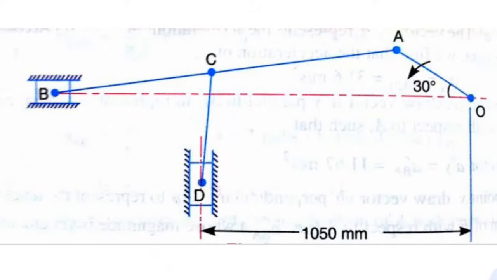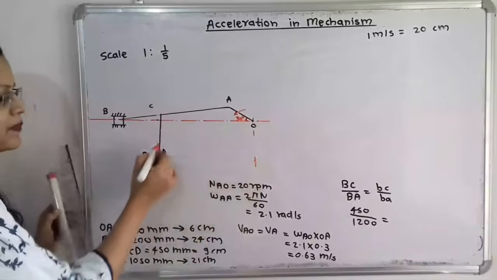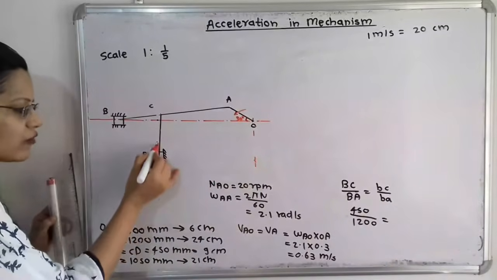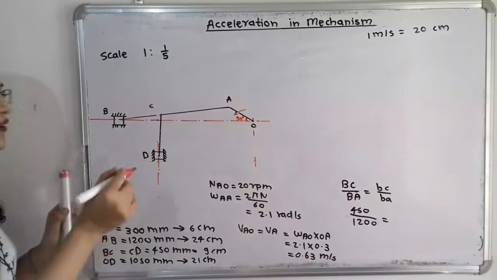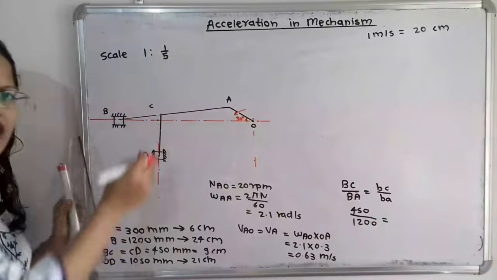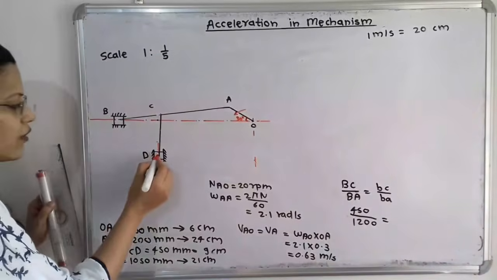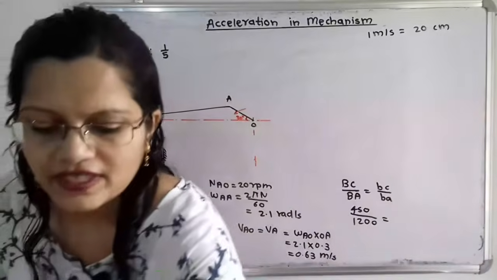So how do we select that? If I draw one vertical line passing through O, then from this line we have to draw another line at a scale distance of 21 cm. This line we show in the form of dash and dot, because along this line there is the motion of the slider at point D. Now we again take the compass.